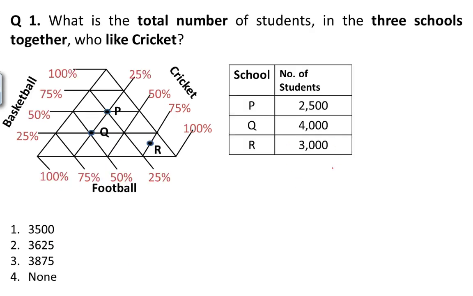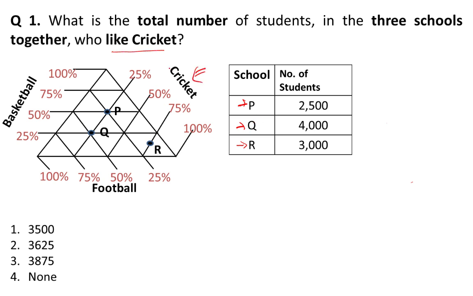First question. What is the total number of students in the three schools together who like cricket? When you say three schools together, we have three different schools, that is P, Q and R. These three schools together like cricket. So this is cricket.